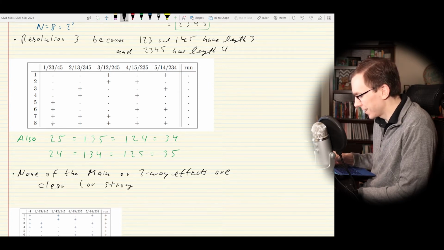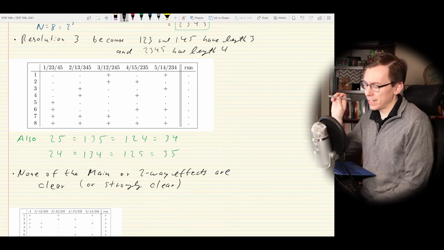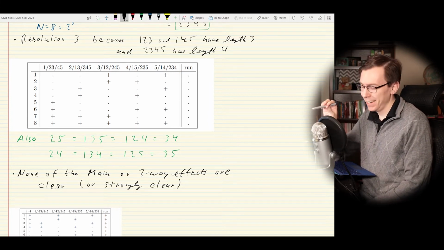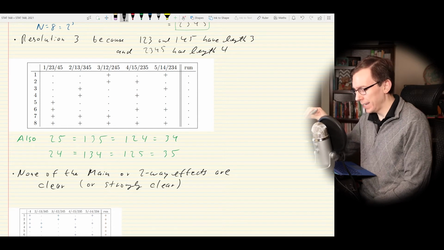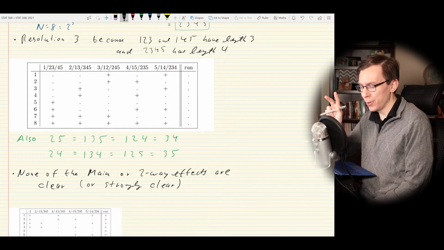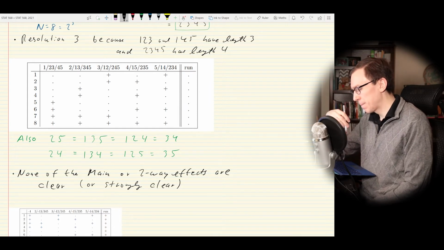But of course, if they're not clear, they're not going to be strongly clear. Recall that an effect, a main or a two-way interaction, is clear if it's not aliased with any other main or two-way effect. And a one or two-way effect is strongly clear if it's not aliased with a 1, 2, or 3-way effect. So that is not the case here.